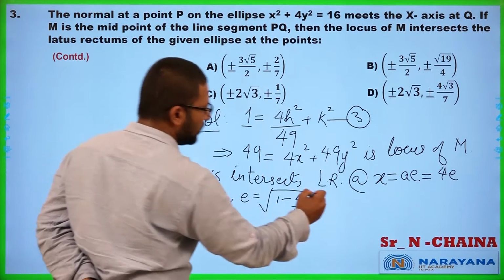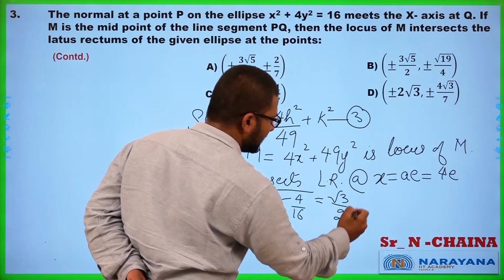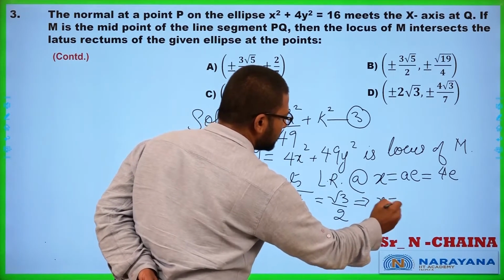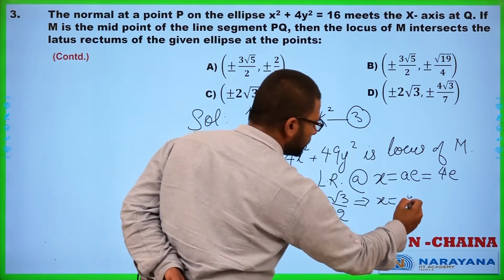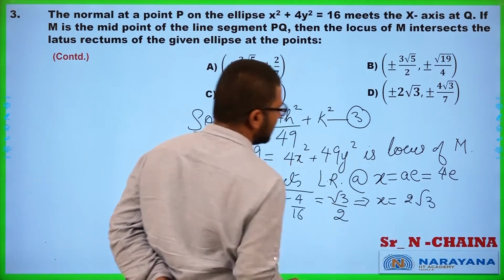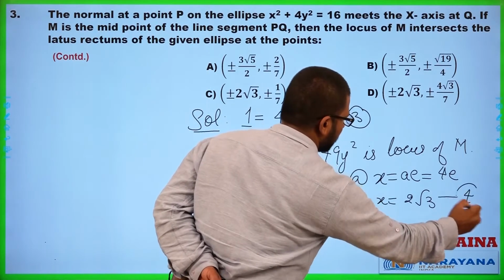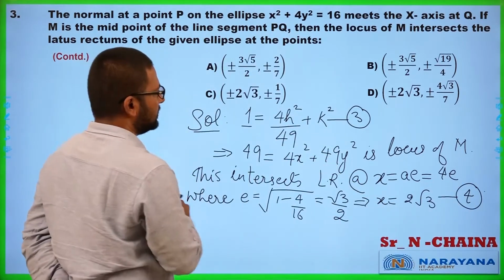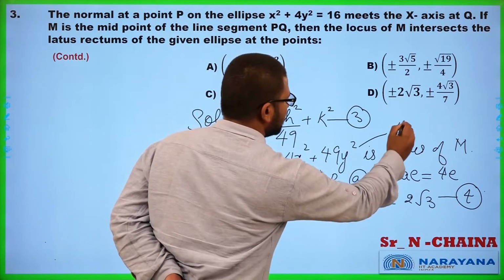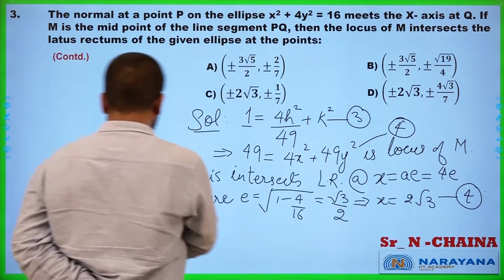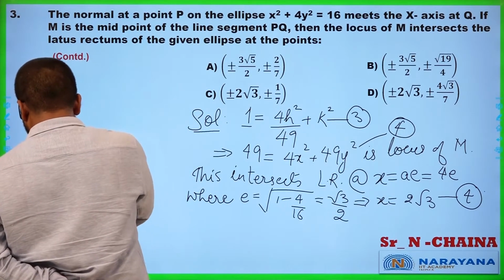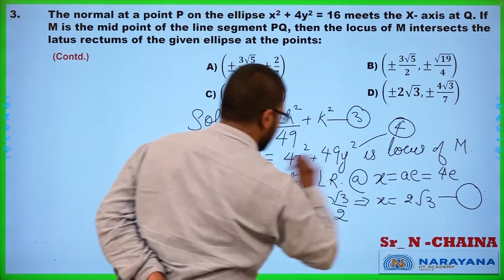So root 3 by 4, so root 3 by 2, correct? Which means x equal to 4E, so 2 root 3, correct? Let us mark the locus equation as 4. So x equal to 2 root 3, that result is the 5th one.